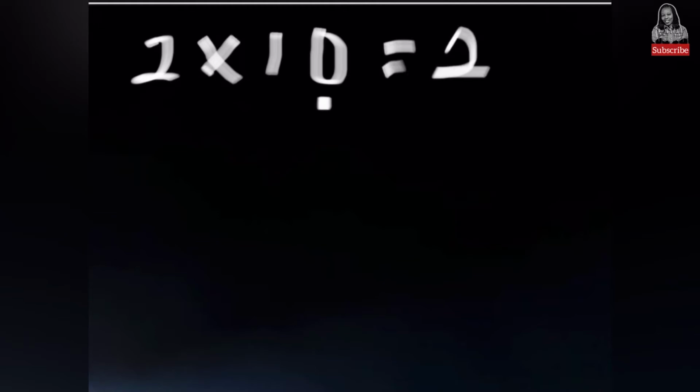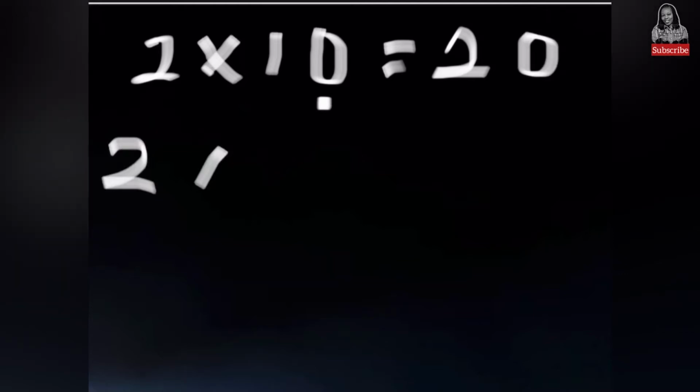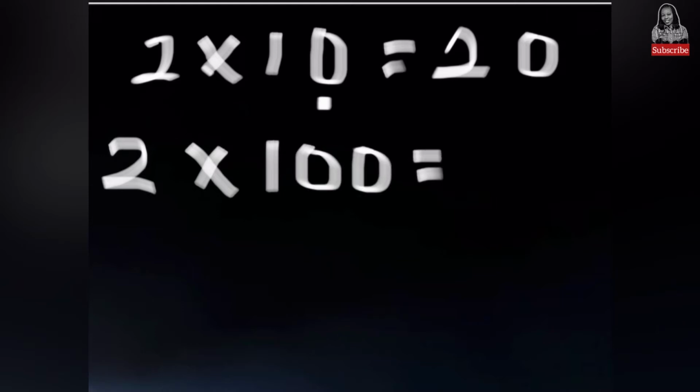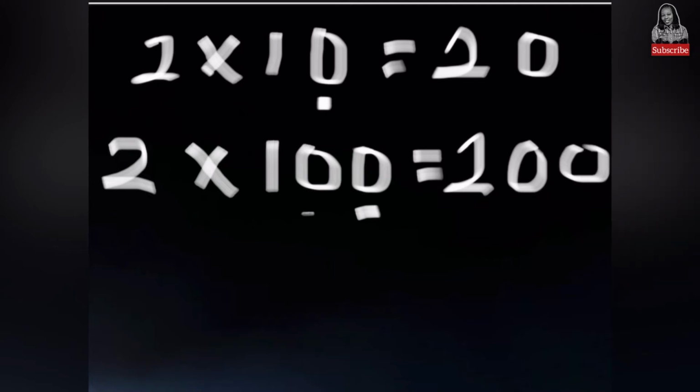That's because you have a 2 and you have a 0. 2 times 100 equals, put the 2 down and then you have 2 zeros in 100. You put it by the 2, which makes it 200. So 2 times 100 is 200.